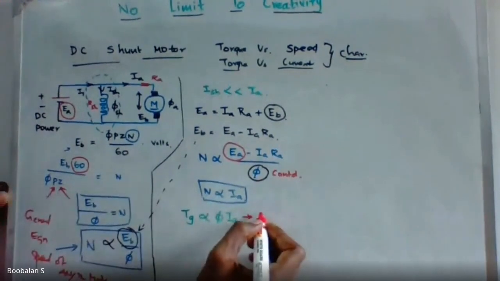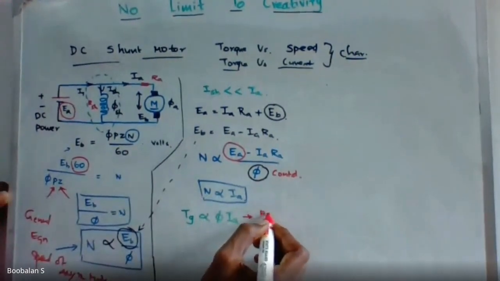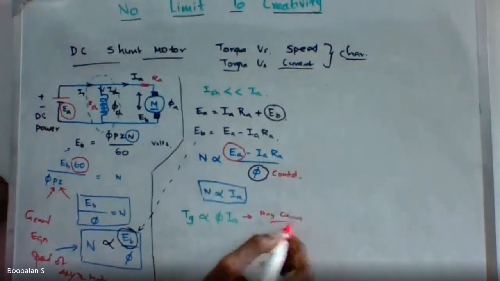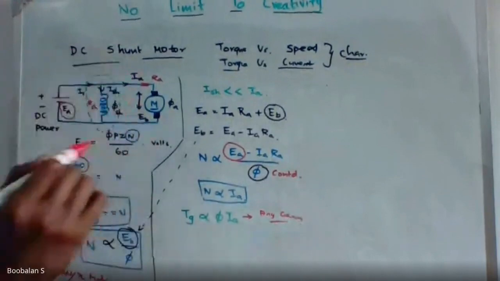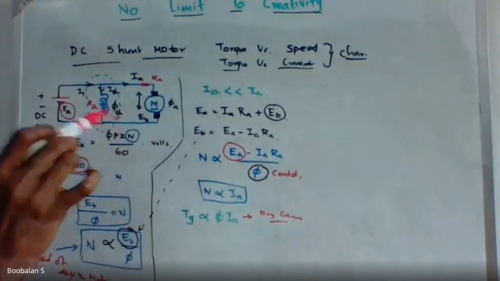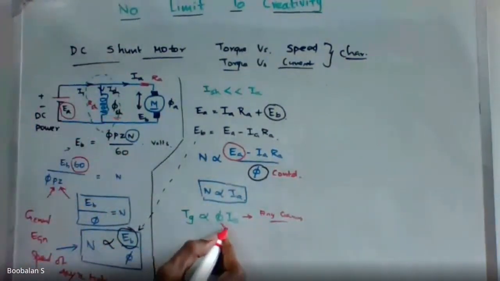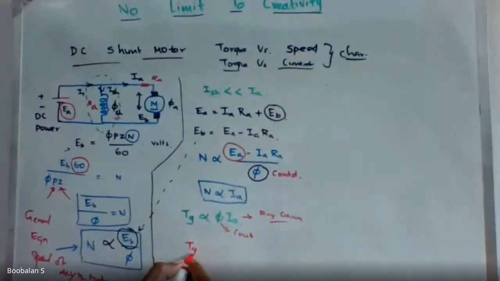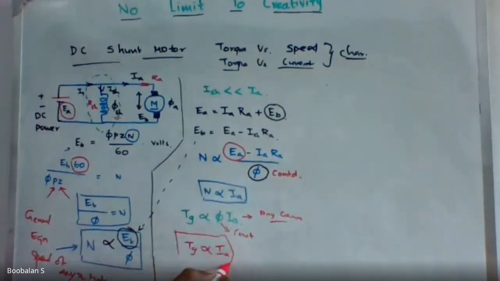This is the general torque equation of any DC machine, any DC motor. In the shunt motor, this field flux is constant. So the generated torque of my shunt motor is directly proportional to the armature current flowing inside the armature.